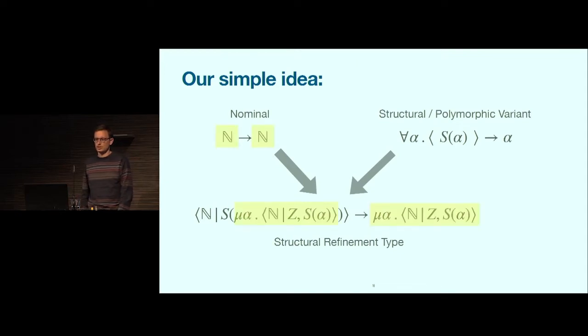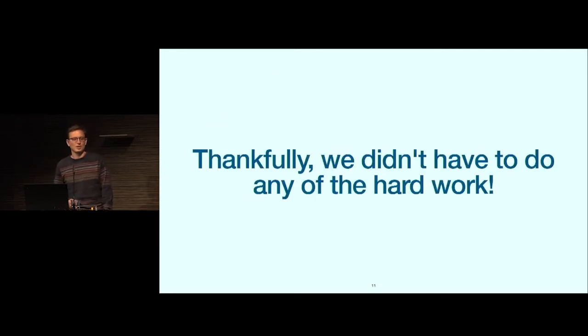The yellow part in the resulting type comes from the nominal parts of the typing rules, and the red part that I've marked here comes from the typing rules that we inherit from polymorphic variants. In the whole system, no type annotations are required, and it includes subtyping, so this can potentially be a very difficult problem, but we didn't have to do any of the hard work. We built upon other people's previous work.